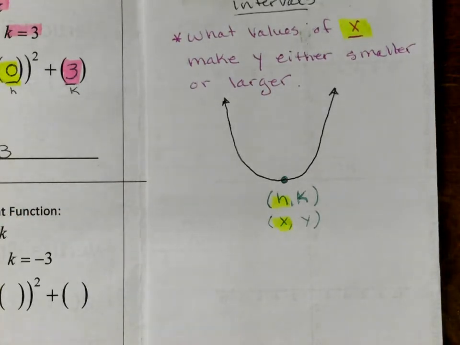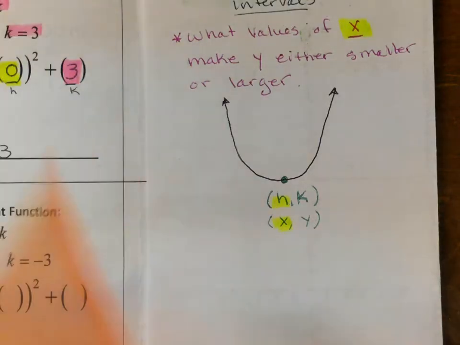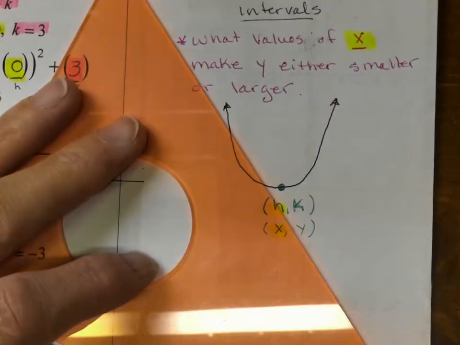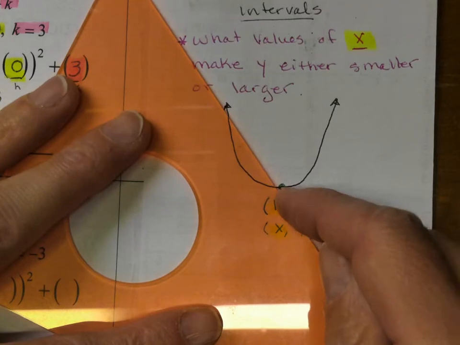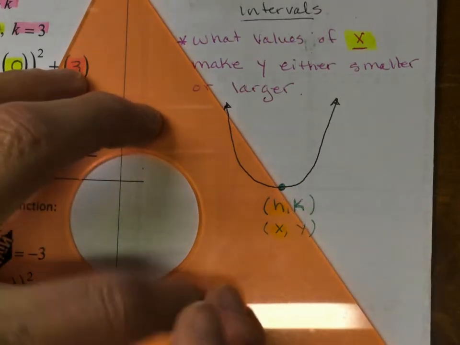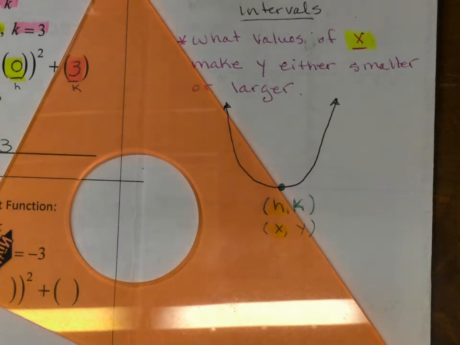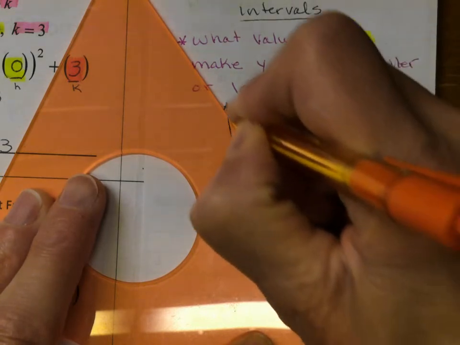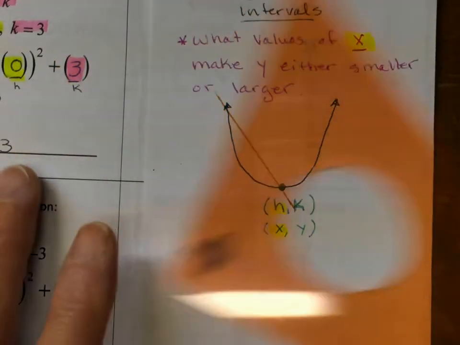So if I'm thinking about slope, I'm going to take my ruler and look from the end to that point there, my vertex, and draw a line. I have some new pens that need to be started. I'm just going to draw this in very lightly.